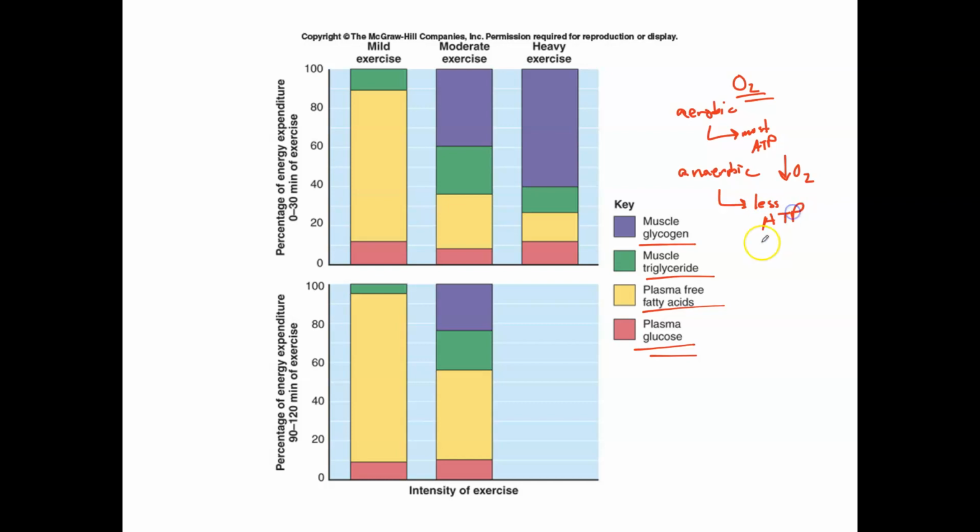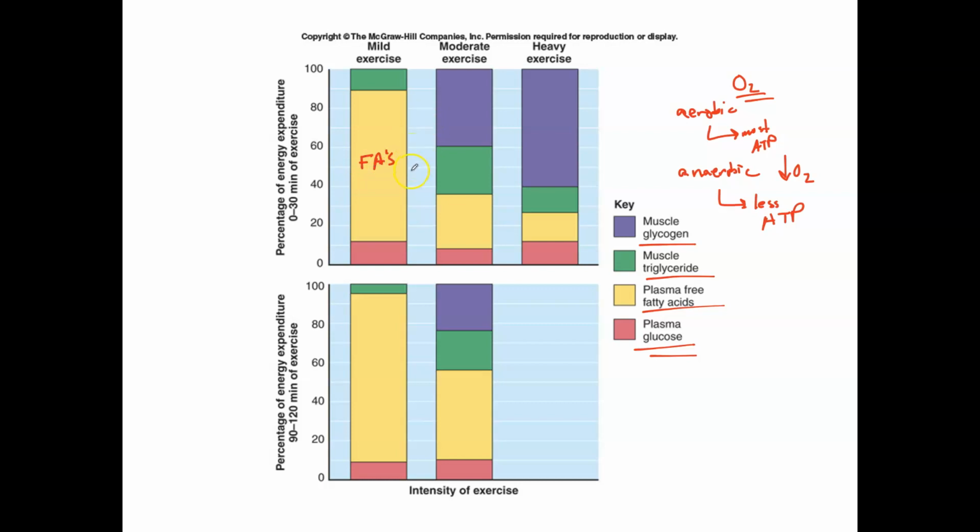And what's also of interest is that when you're shifting to anaerobic metabolism, there's a lot less usage of fatty acids. So if we look at this particular diagram, here we have our free plasma fatty acids in yellow. So this is fatty acids.